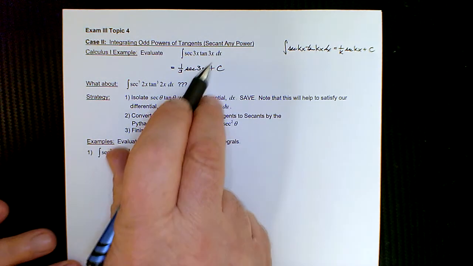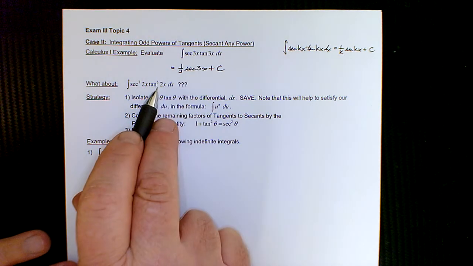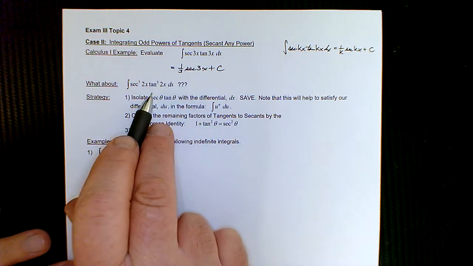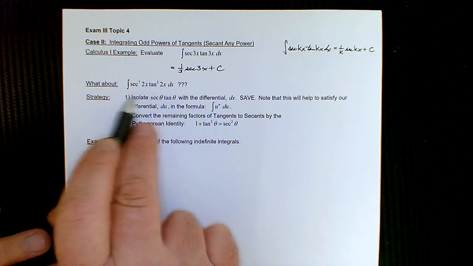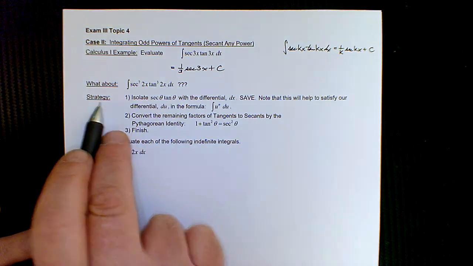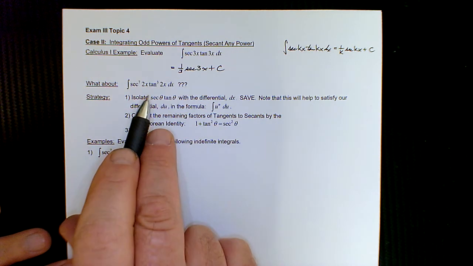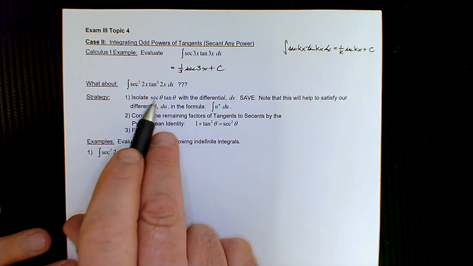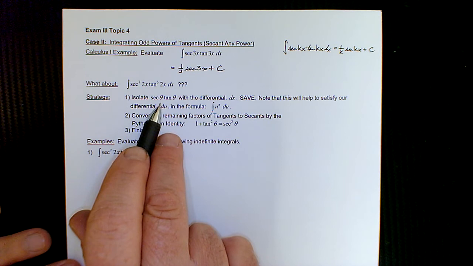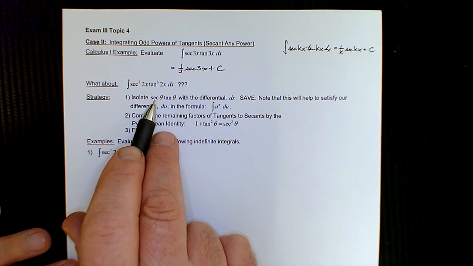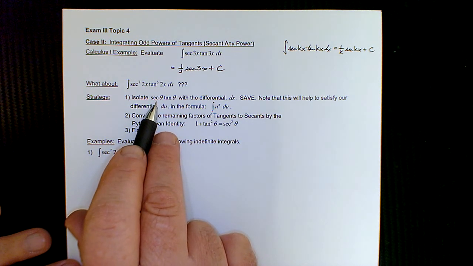But then the question becomes, what if the power on tangent is higher than just the first power? And maybe there's a higher power of secant as well. Well, then we need a strategy. So here's a little cookbook recipe, once again, but the whole idea is reversing the u substitution process. In case 1, which was even secants, we isolated a secant squared because that was the derivative of tangent.